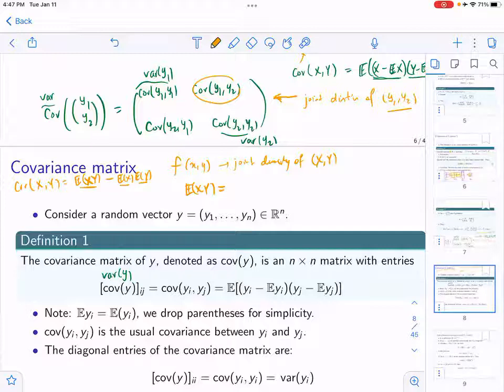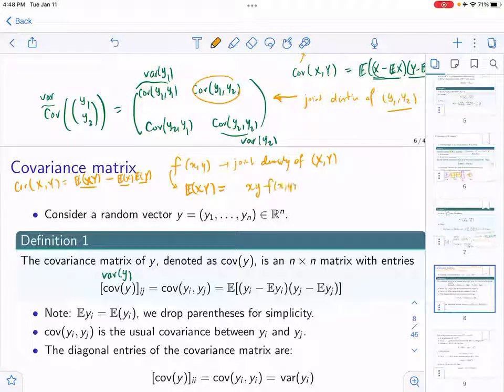It's the same way as before. If discrete, it's the sum of xy times the joint probability mass function.